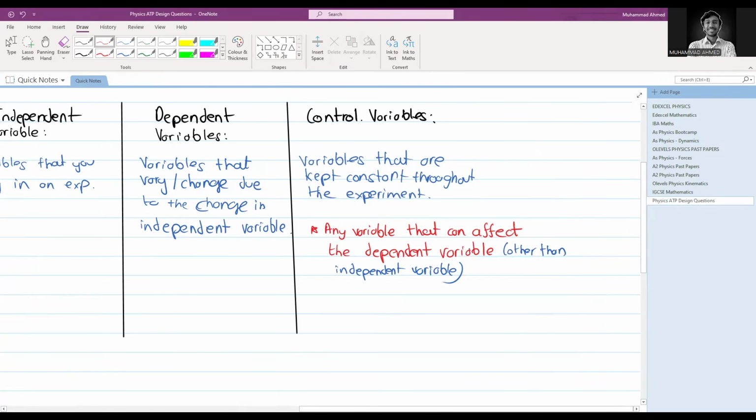Any variable that can affect the dependent variable other than the independent variable is the control variable.